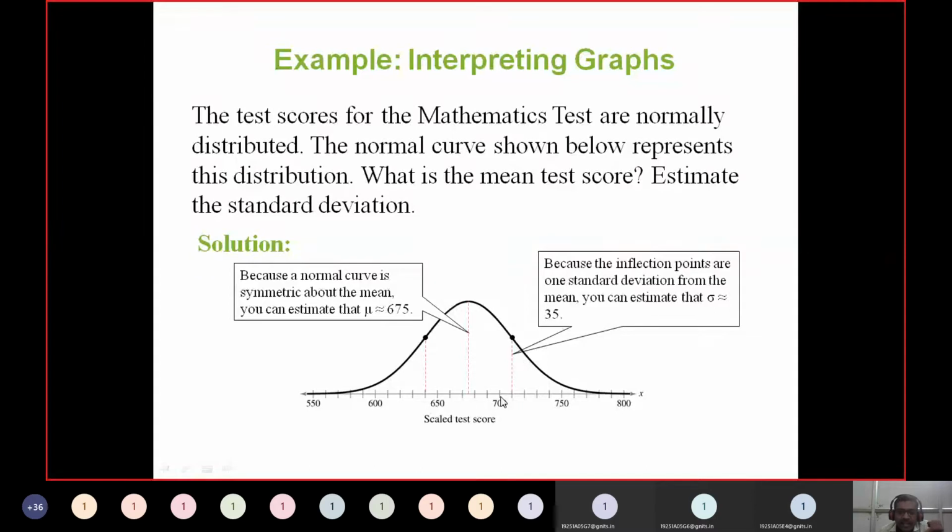So from 675 to 710, what is the distance? 675 to 710 is 35. Therefore, you can say that the standard deviation is approximately 35. Is it okay? So through the graph also you should be able to estimate the mean and the standard deviation.